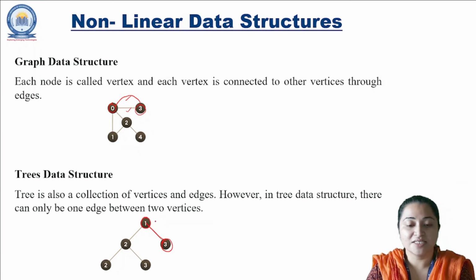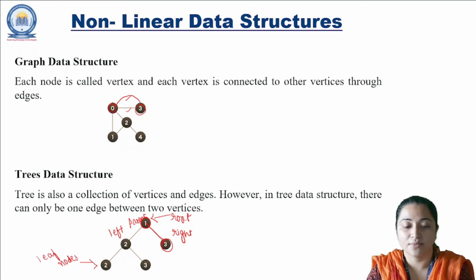Let us see some terminologies of tree data structure. This is called the root node. This is called the left child of the node. This is called the right child of the node. In that case, this node can be a parent node also. The nodes at the last level are called leaf nodes. This tree can be called the left subtree, and this tree is called the right subtree.